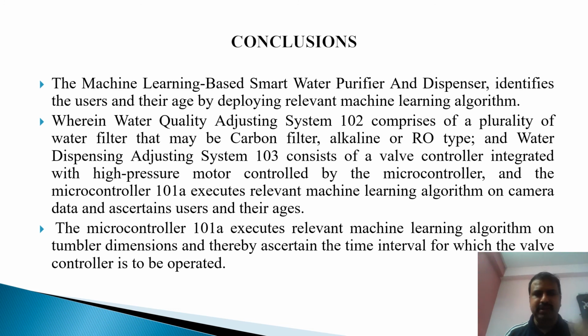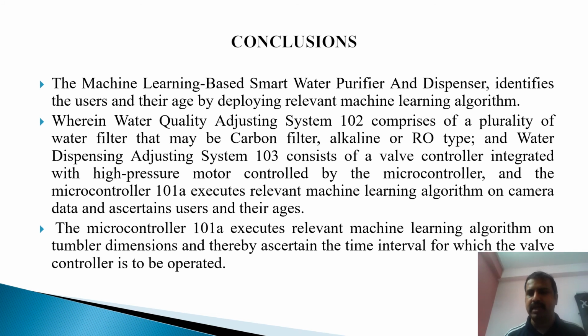So in conclusion, it is to be understood by everyone that this smart water purifier and dispensing system will identify the user first, the user age as well as their gender, and based upon their age and gender, it will define what type of water quality index has to be maintained.